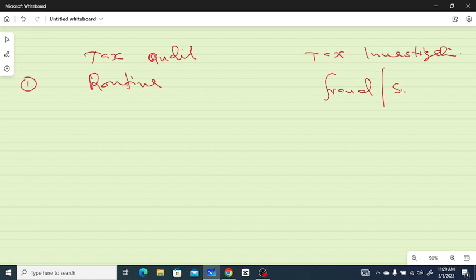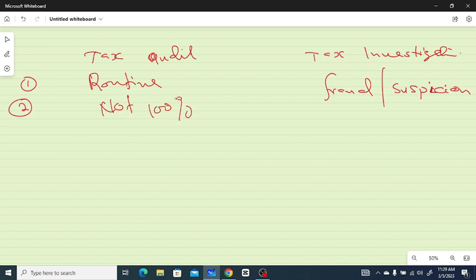Fraud or suspicious actions. Then number two, the tax audit is not 100% vouching.